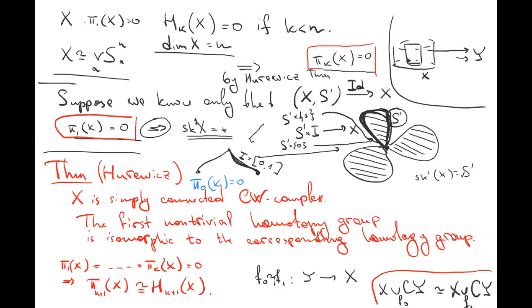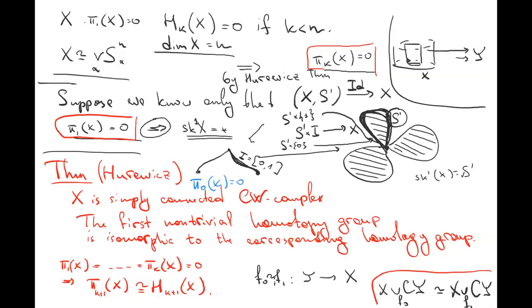Can we also use the fact that the quotient of the k+1 skeleton by the k skeleton is a wedge sum of spheres? Of course, but how does that help? Then you can use the long exact sequence with the k skeleton, the quotient, and the k+1 skeleton.